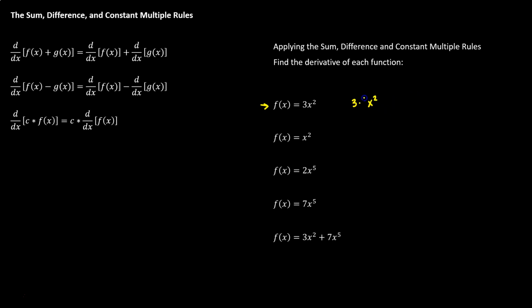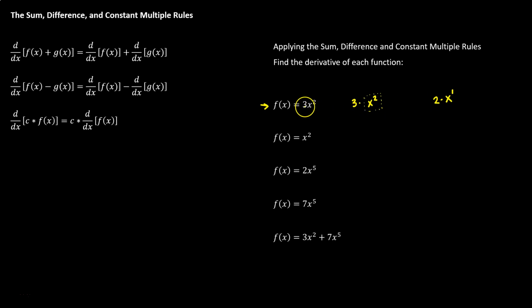Remember that for any polynomial, any x raised to the power of 2, for example, we just bring the exponent down so that it looks like 2 times x, and then we reduce the original exponent by 1. So 2 subtract 1, I'd have an exponent of 1. So the derivative of x squared looks like 2 times x.